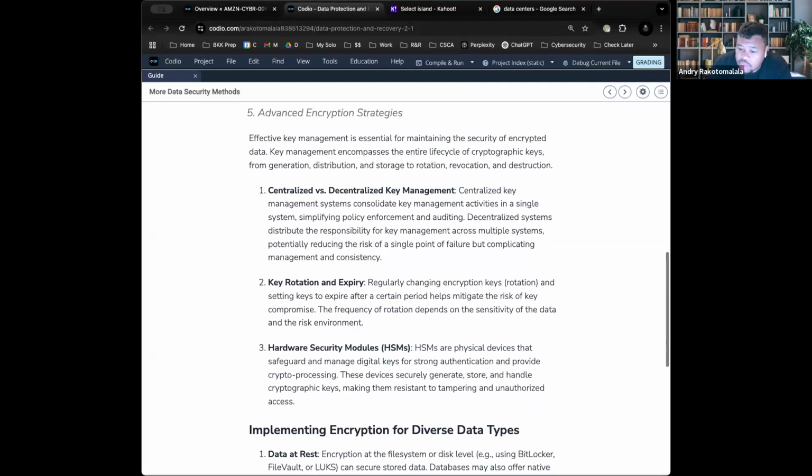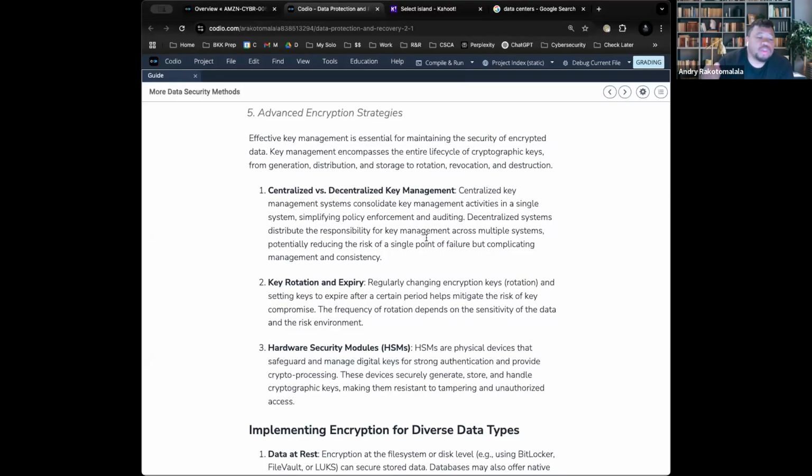So there's a concept of centralized and decentralized key management. Essentially, centralized key management is where you take all of the keys and you put it into one single system so that it's easy to audit, easy to monitor, keep track of. Now, you could decentralize it, meaning that it's not all in one system.